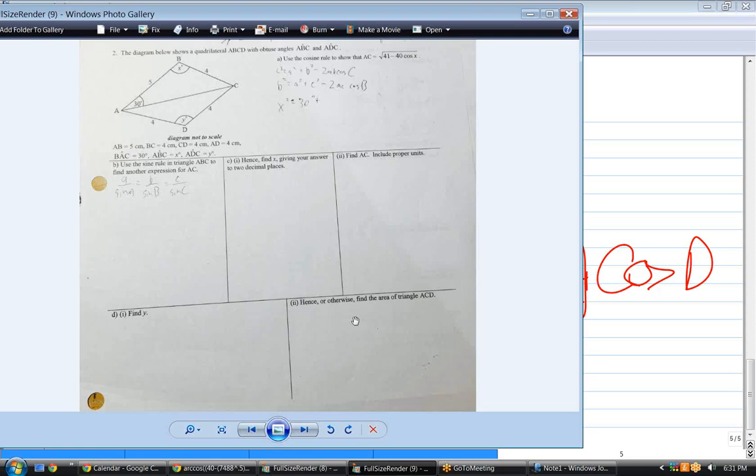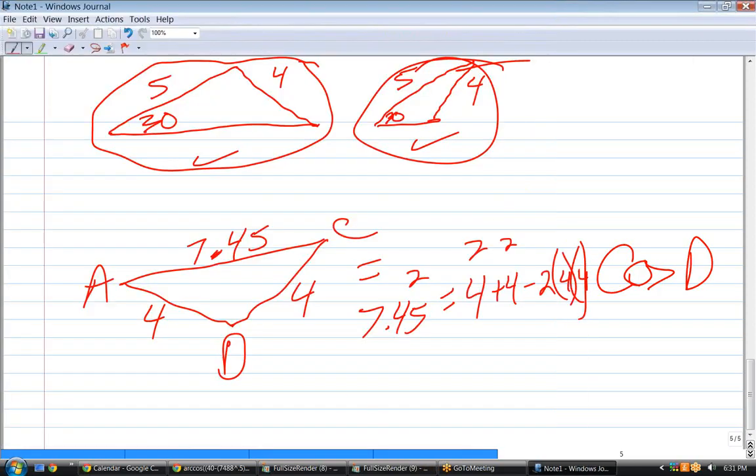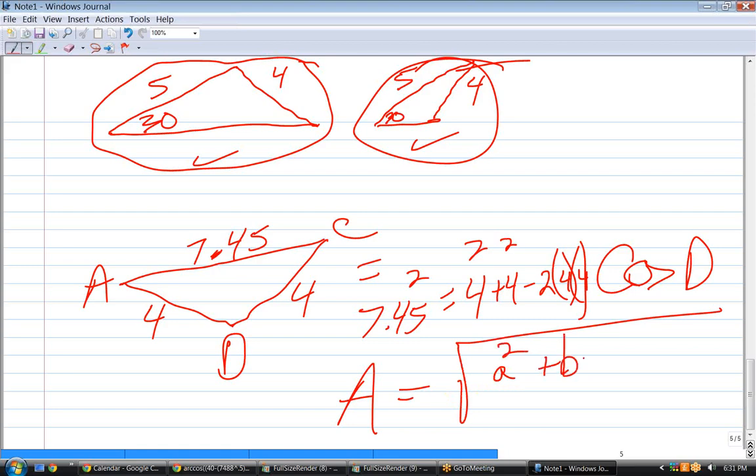Well, let's see. How are we going to find the area of that triangle? In other words, there's a formula. If you know the three sides of a triangle, you can get the area. If I remember right, it is the area equals the square root of one side squared plus the second side squared plus the third side squared, all divided by 2.